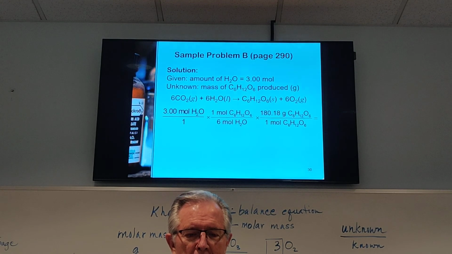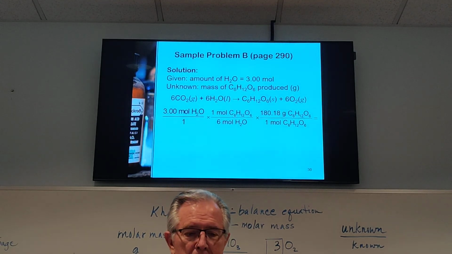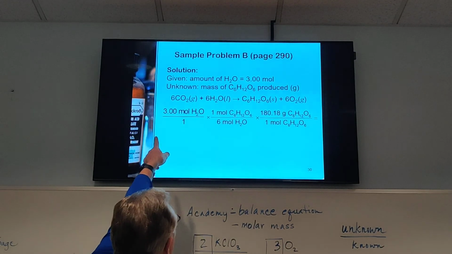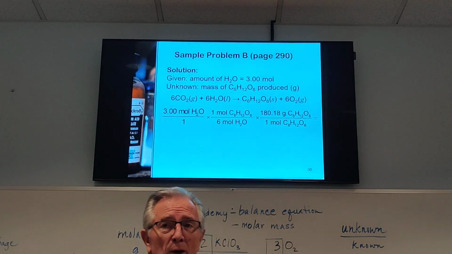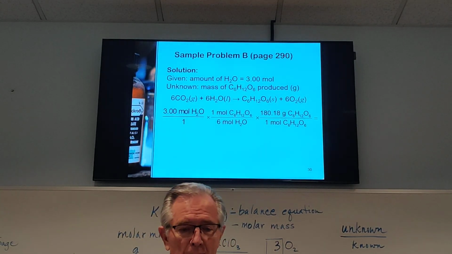Now, why did I put it on the top, not on the bottom? Because you needed the 1 mole of glucose to cross out with the other one. We want the moles to cancel out, so I need to have the grams on the top.